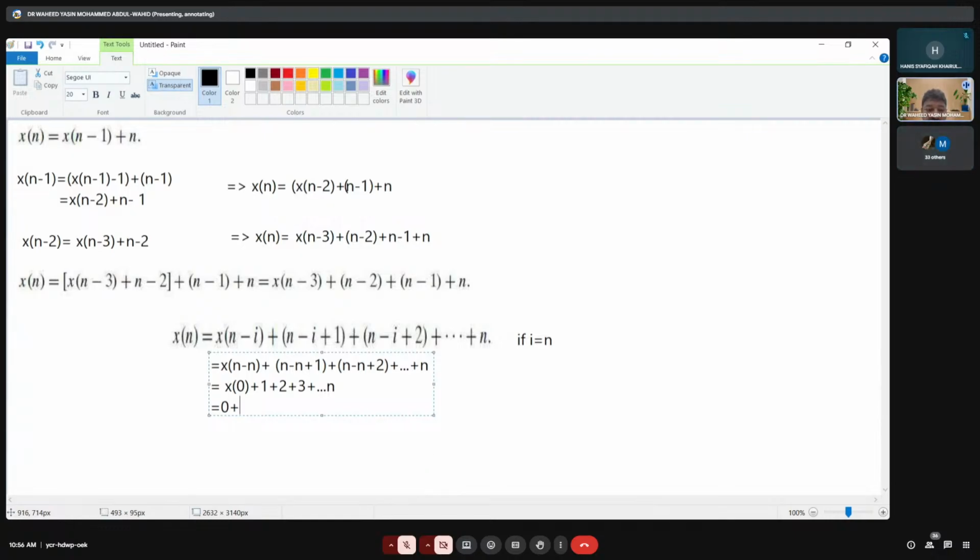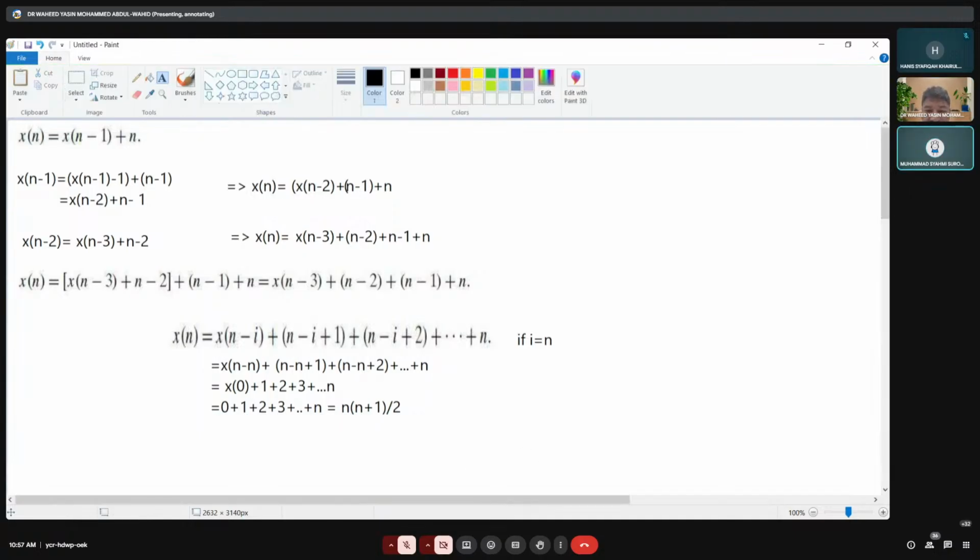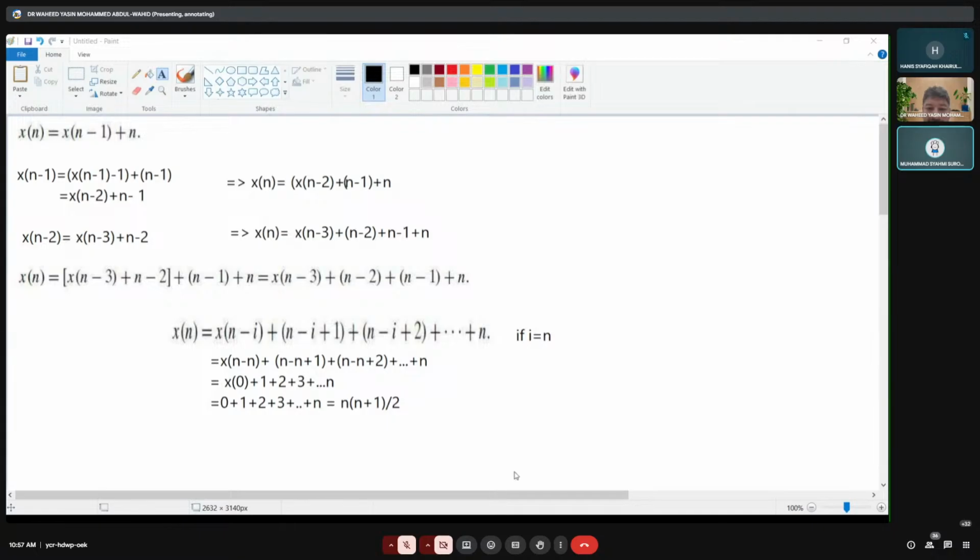So here will be 0 plus 1 plus 2 plus 3 up to n, and this will have this formula: n times n plus 1 divided by 2. Okay, let us go back to our slides.